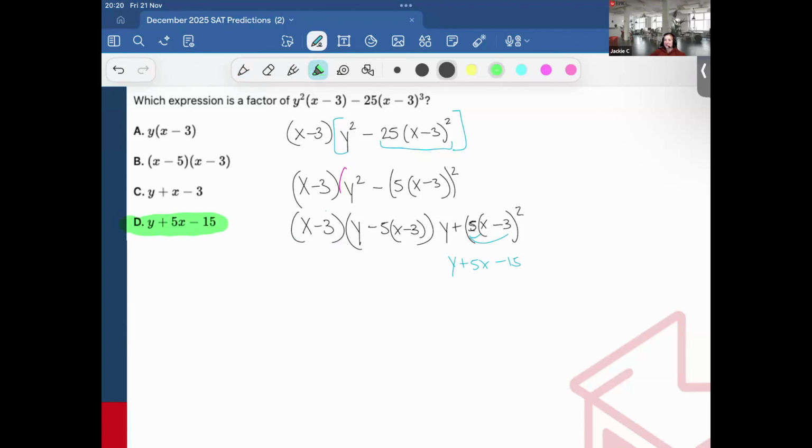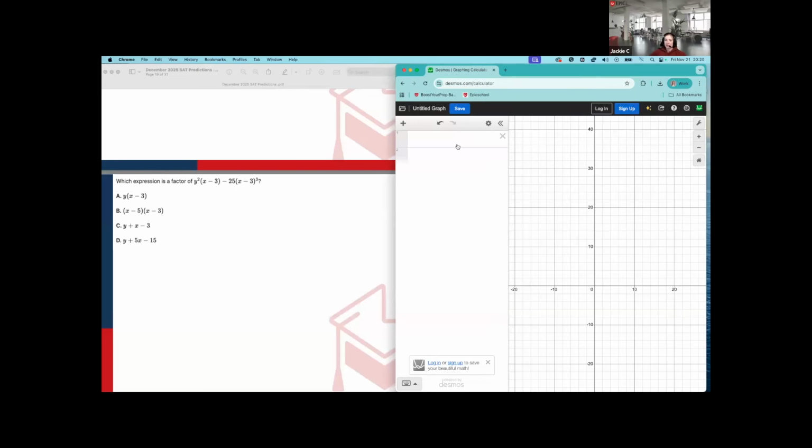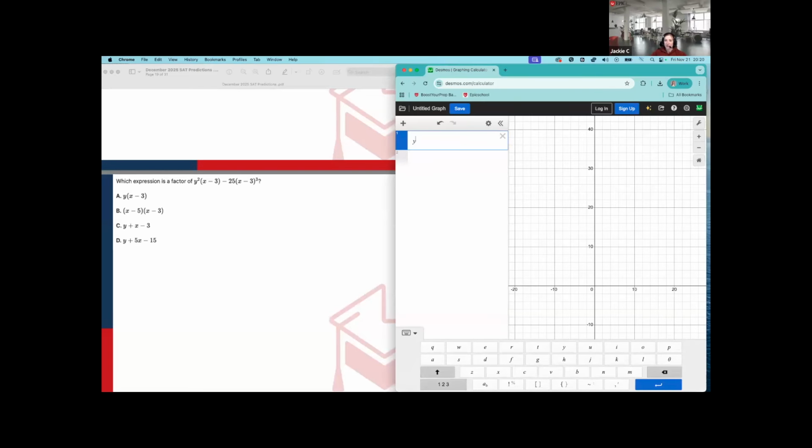However, I know students don't love factoring, so let's see how we could place this on Desmos. So moving to Desmos, what I would want to do is put the graph here. So we do y squared, and then I do x minus 3 minus 25.